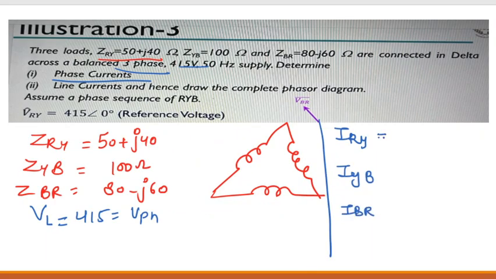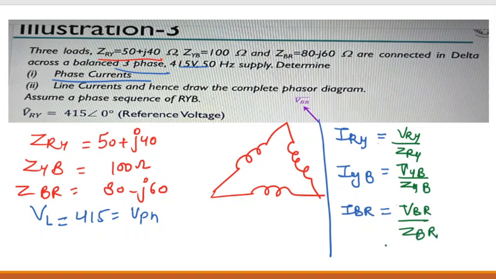So in this case, they are asking for the phase current in the unbalanced delta, right? So for IRY, what we can write here is VRY divided by ZRY. Yes or no? Similarly, IYB is VYB divided by ZYB, and IBR is VBR divided by ZBR. Yes or no?